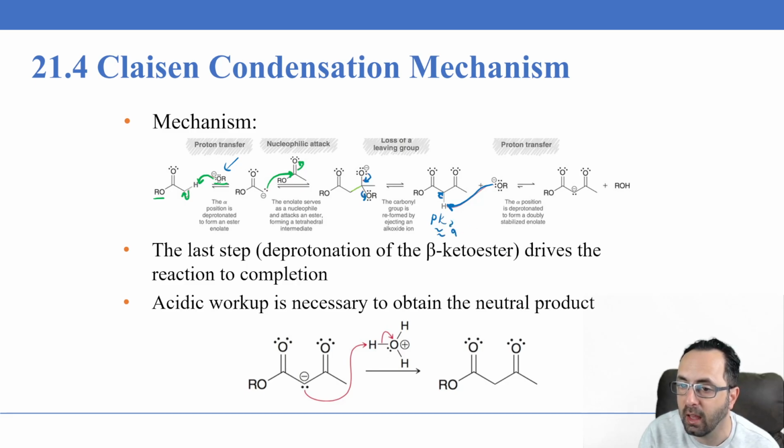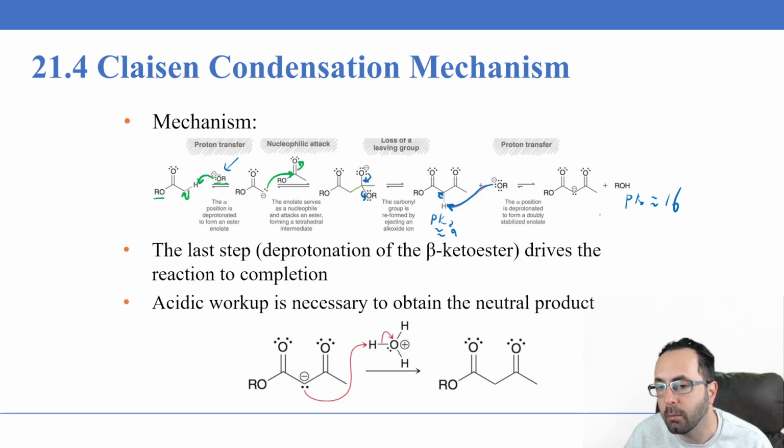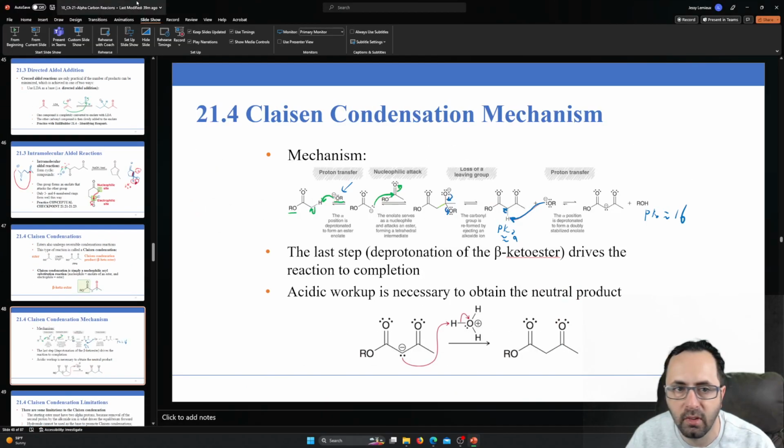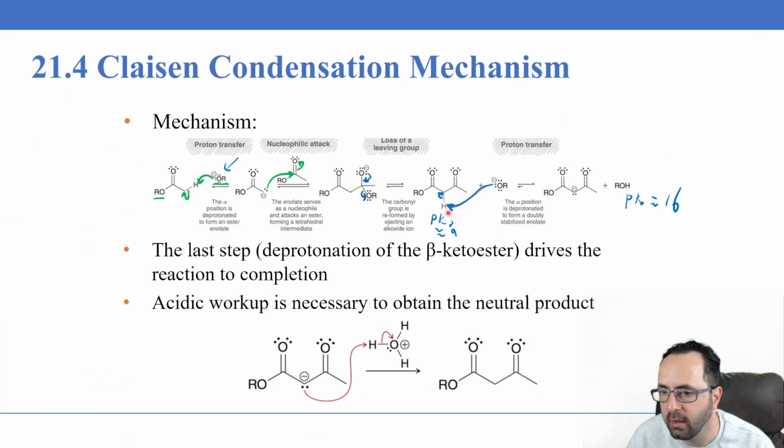It's about pKa 9 here, whereas the pKa of the alcohol is approximately 16. And so this is a much stronger acid relative to a standard alpha proton in a single carbonyl, and so we get this deprotonation at the end.